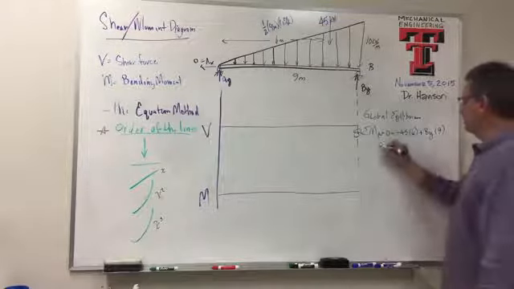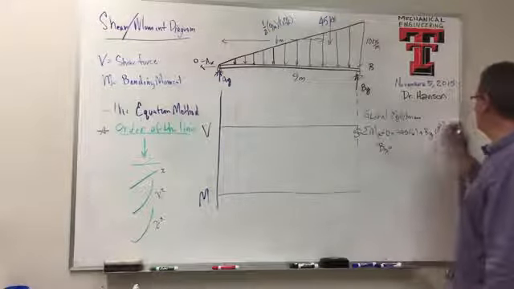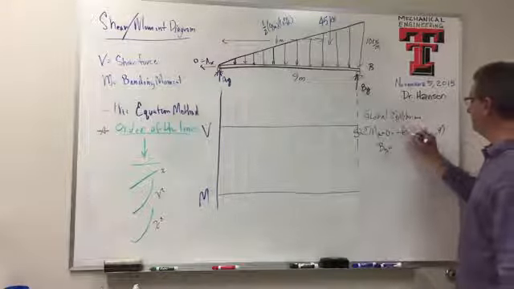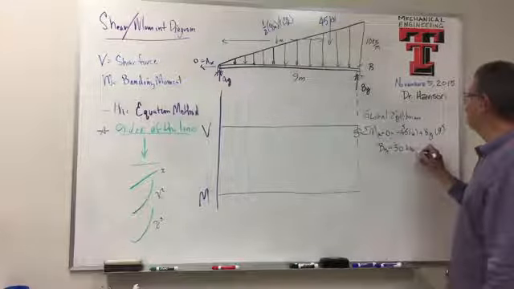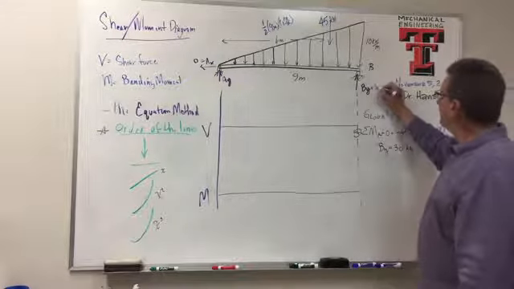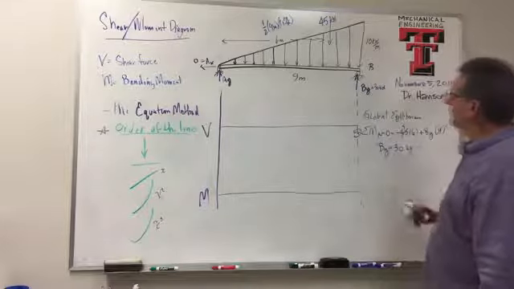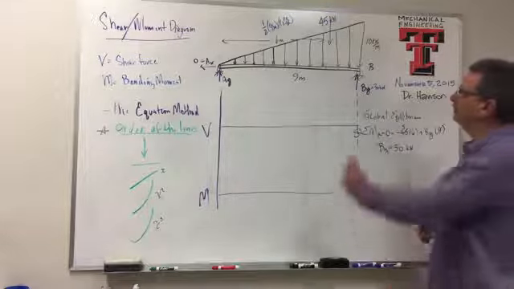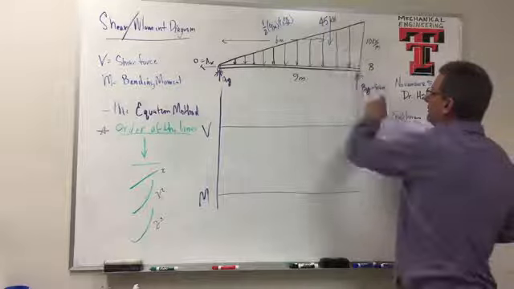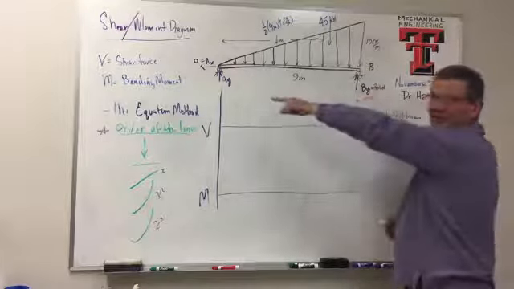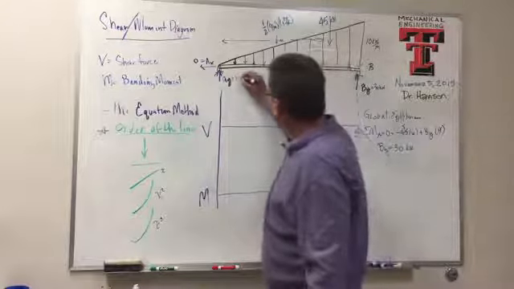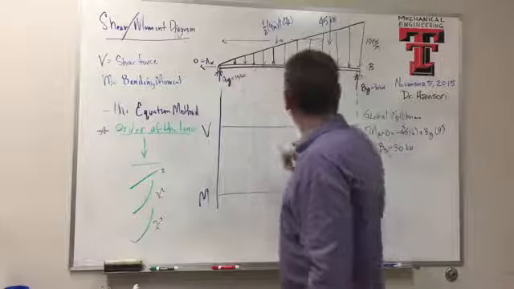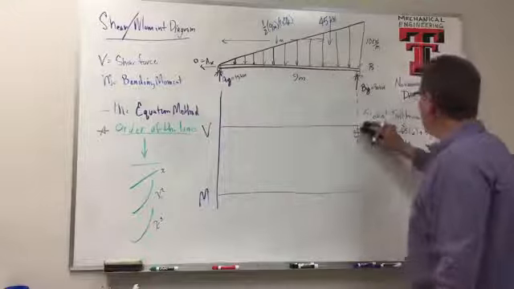So By equals, let's see, the 9 will go into the 45 5 times, 6 is 30 kilonewtons, okay? So By is 30 kilonewtons, and the sum of the forces in the y tells me I got a 45 going down and a 30 going up, so Ay has to be how big? 15, okay? There you go. All right, so we've got our global equilibrium knocked out.